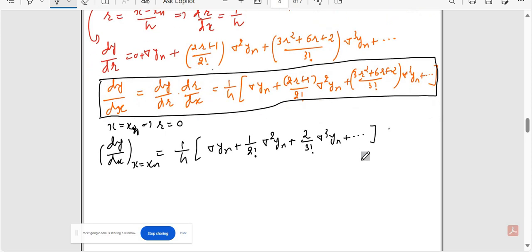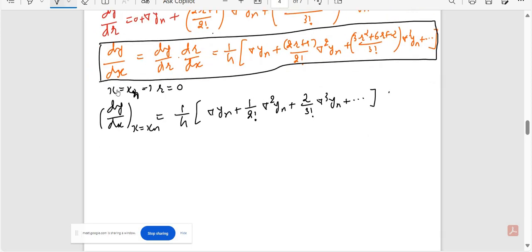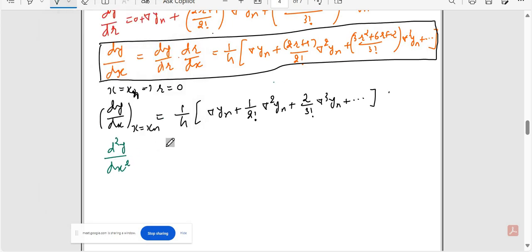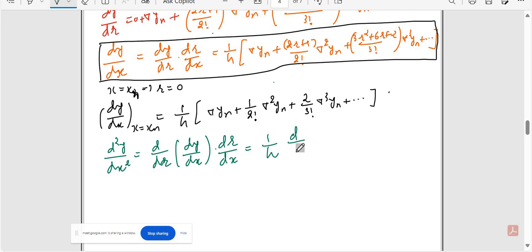Okay, now we will derive for the second derivative, that is your d square y by dx square. So again this will be nothing but d by dr of dy by dx into dr by dx. So dr by dx is 1 by h, and d by dr of dy by dx we have to calculate.